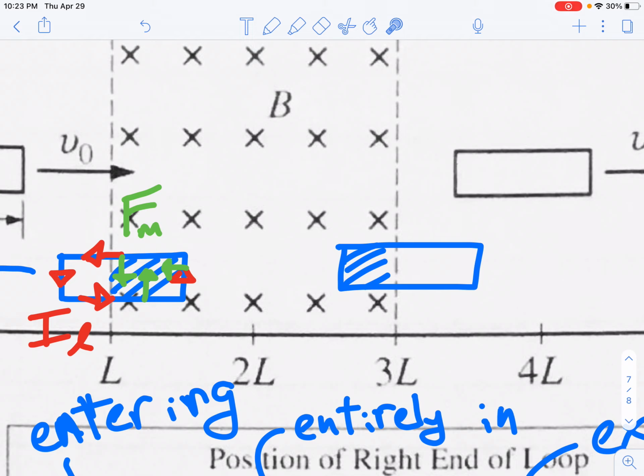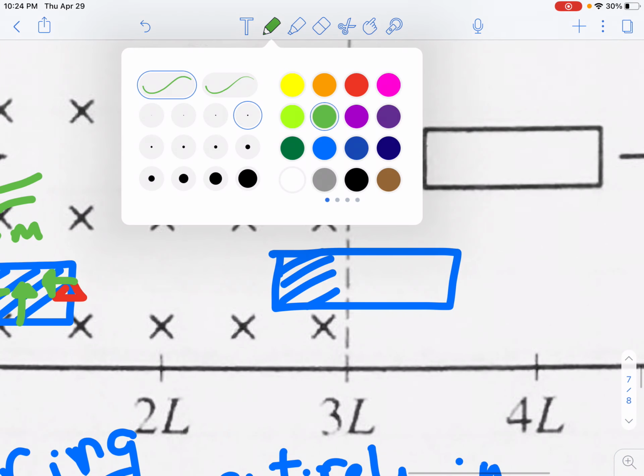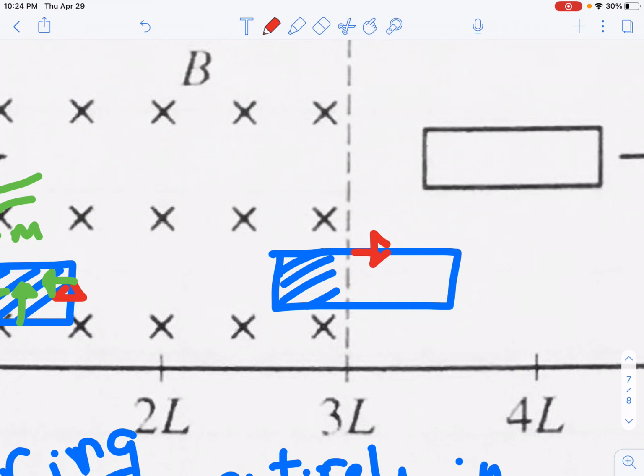But Lenz's law says point your thumb in the opposite direction as the change in flux. Change in flux is out. So you point your thumb in and you curl your fingers and they will go clockwise. So here, the current is this way, the opposite of what it was previously. That's the current when it exits.